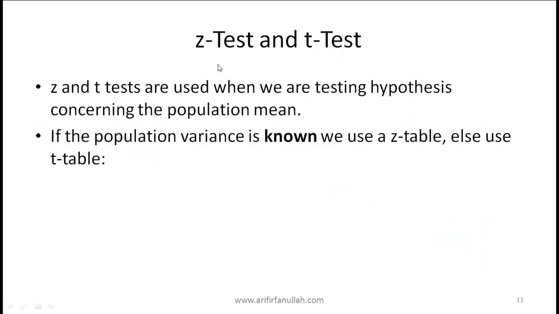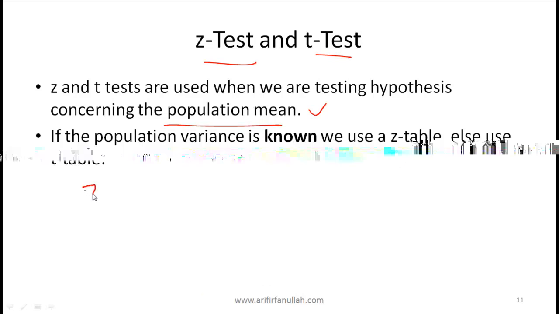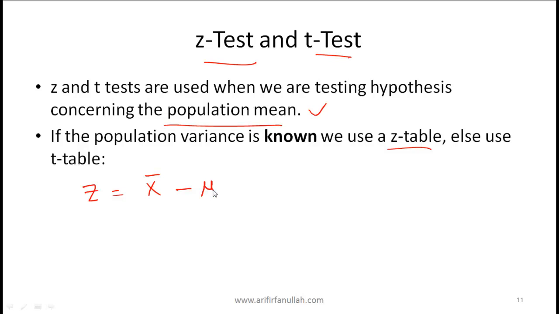So when do we use z-tests and t-tests? They are used when we are testing hypotheses concerning the population mean, and this is what we've done all along. If the population variance is known, then we use the z-table. So we calculate the z-statistic as the sample mean minus the hypothesized value divided by the standard error.